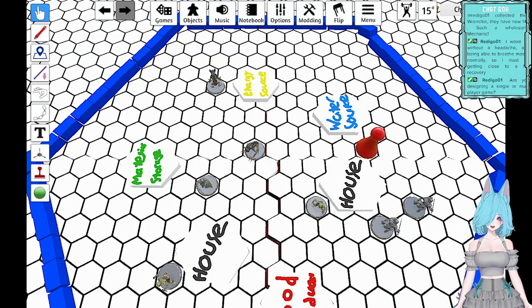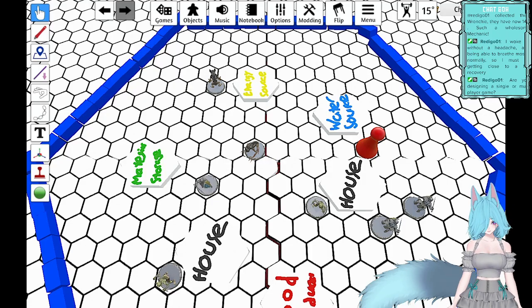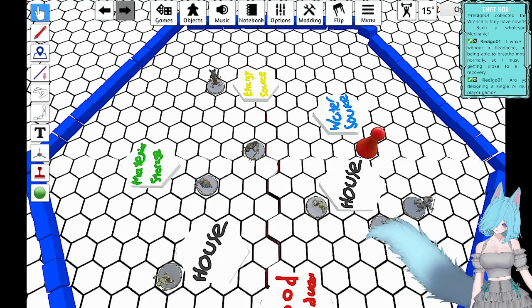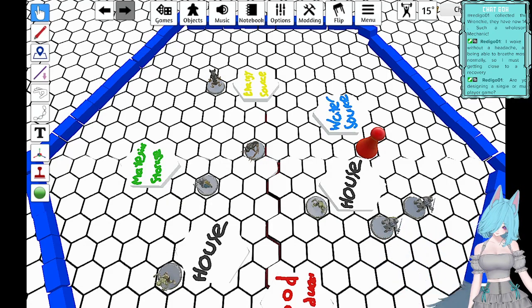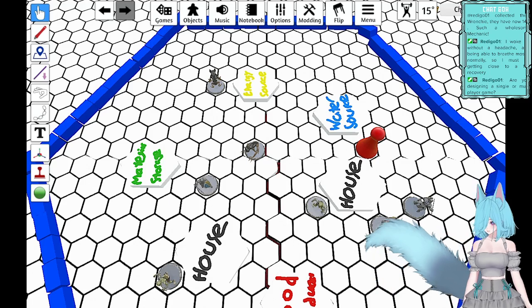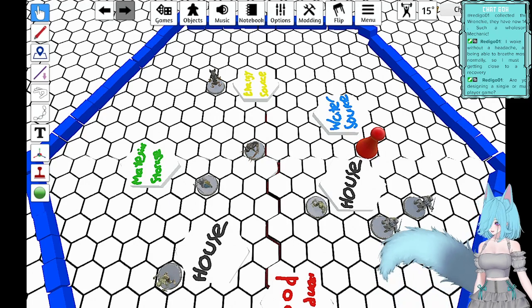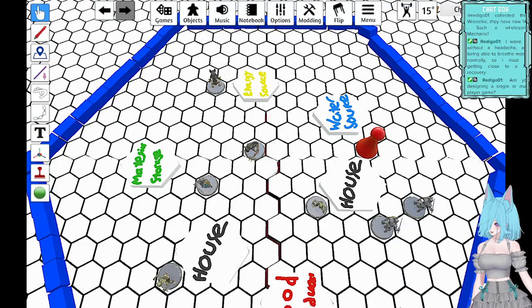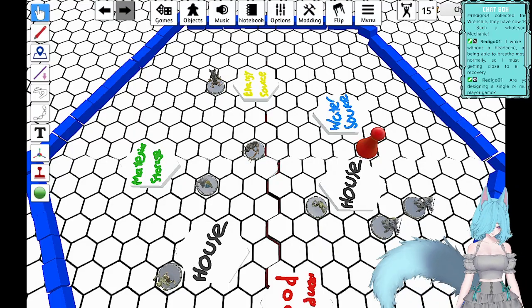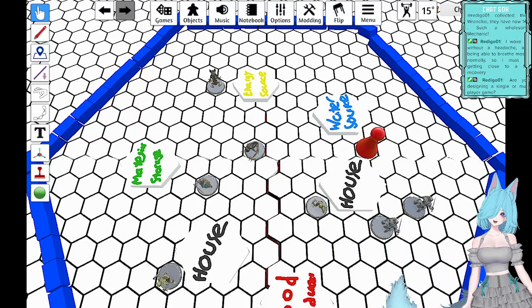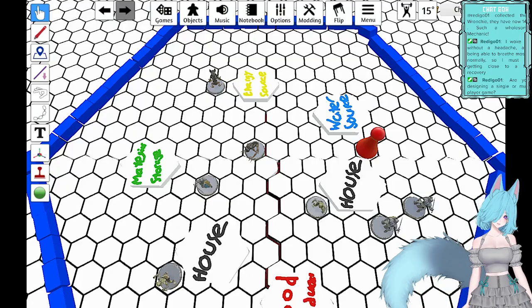I'm designing a single-player game. Our goal is to defend the town from the aliens. So we need to upgrade the guards, but because we're kind of an alien ourselves, the guards are not very friendly to us.